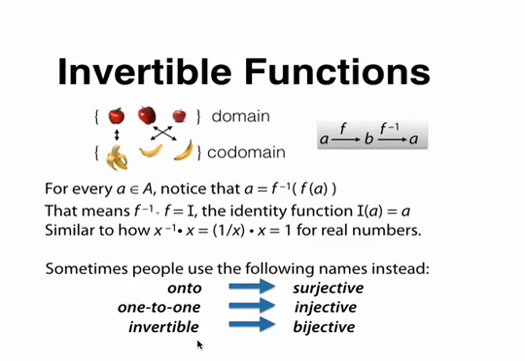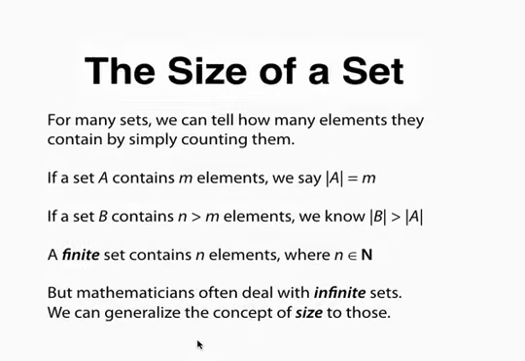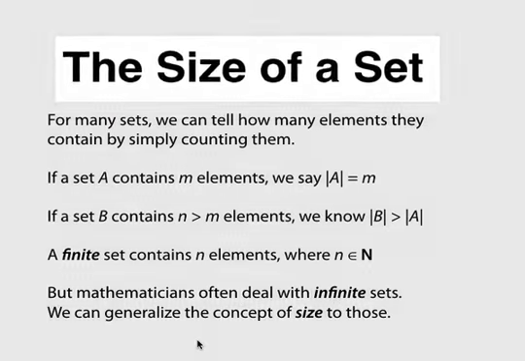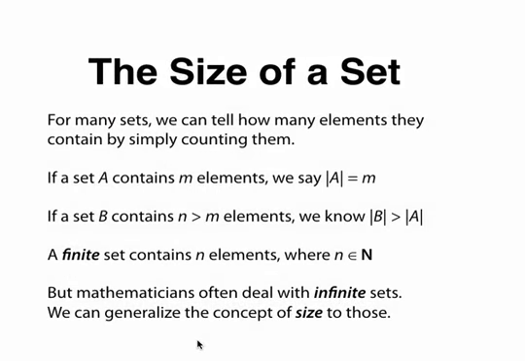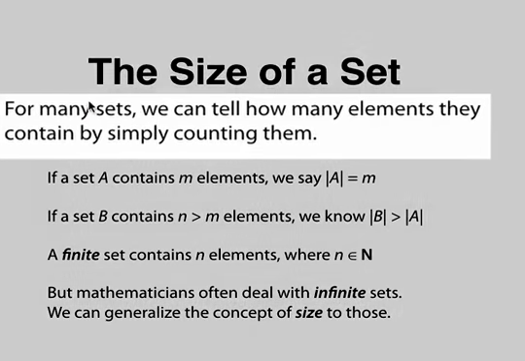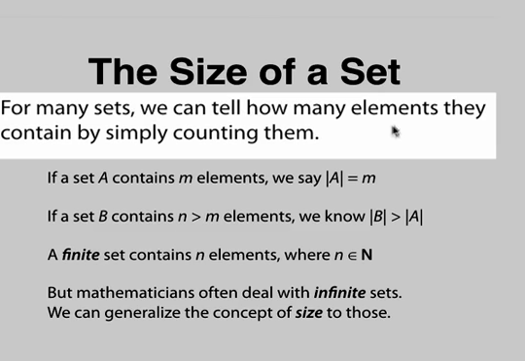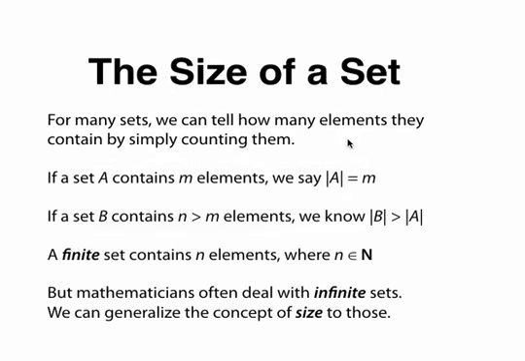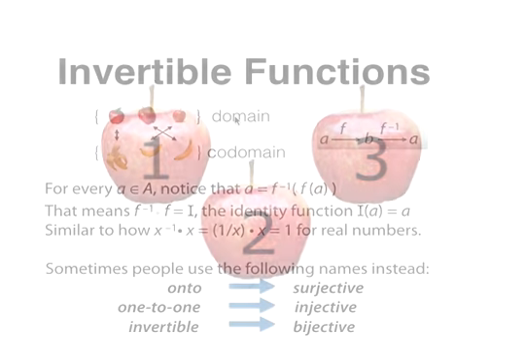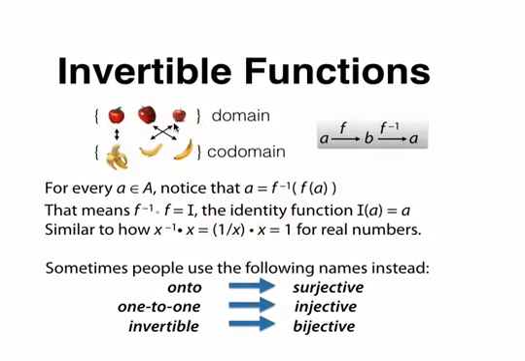We're going to use the concepts of sets and functions which are both one-to-one and onto, invertible, to now talk about sizes of sets. What's the size of a set? Well, for many sets, we can just tell how many elements they have by counting them, right? If you've got here a set of 3 apples, you go, well, that's the first apple, that's the second apple, and that's the third apple, and we're done. So there are 3 apples, right?